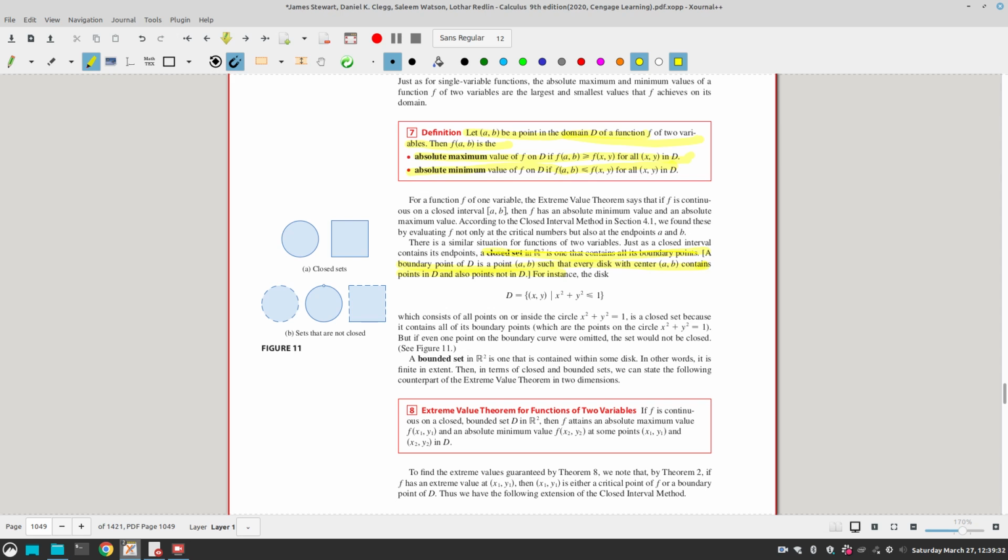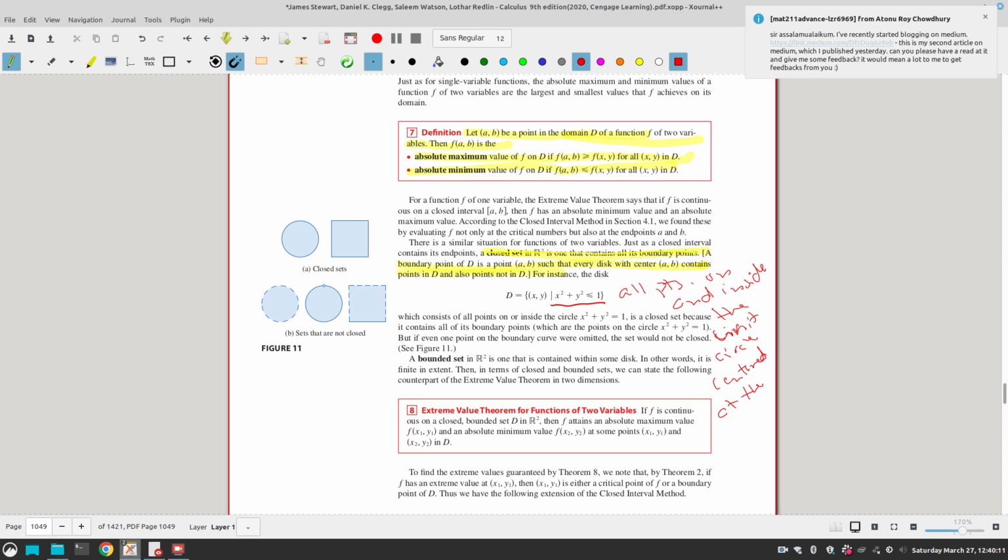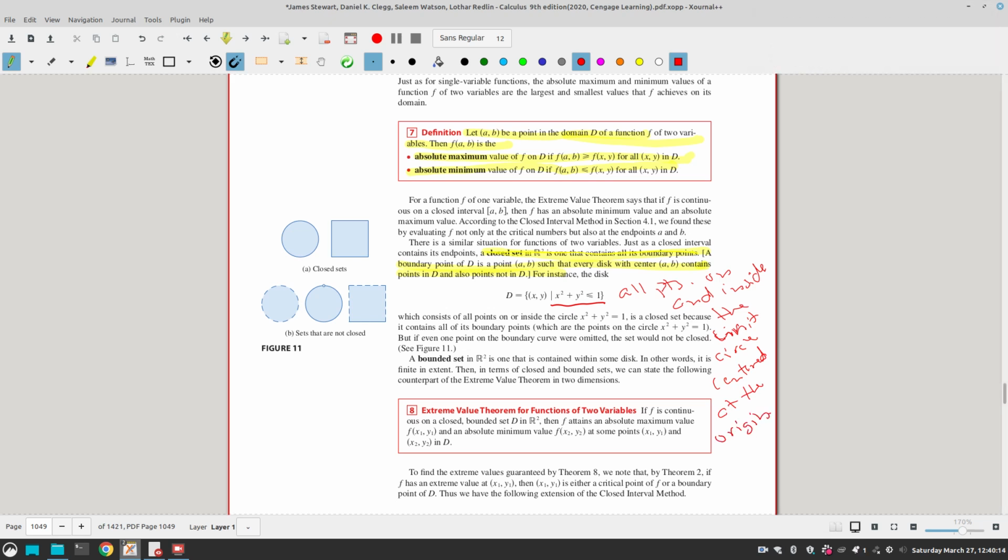This indicates all points on and inside the circle, inside the unit circle centered at the origin, right?